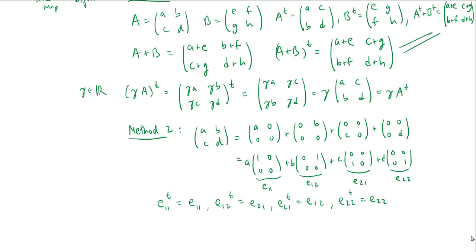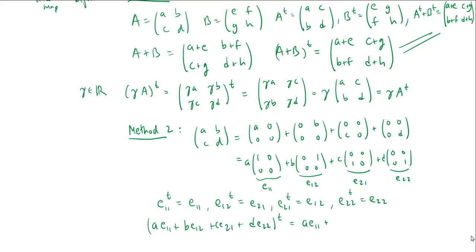Okay, so now we know what happens to this basis, which means there is a unique linear map that's going to extend this. So now, if I had A E11 plus B E12 plus C E21 plus D E22, and I apply the transpose of that, then I know by the universal property of a basis, this is going to equal A E11 transpose, which is just A E11, and then B E12 transpose.